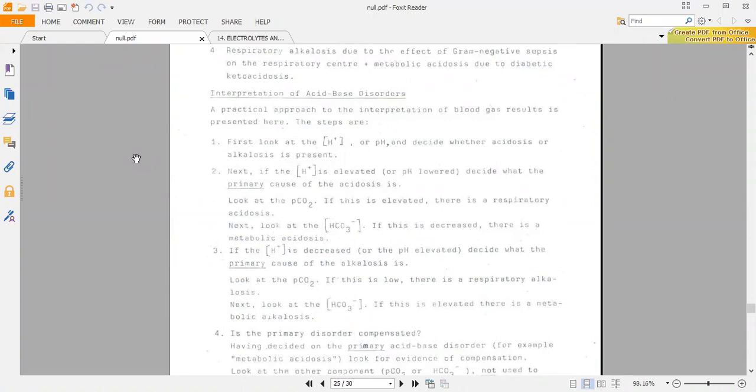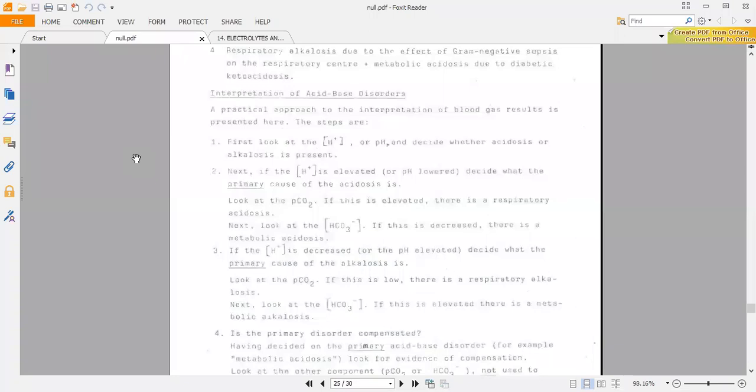Is it respiratory acidosis, metabolic acidosis? You should be able to look at it and choose the correct one. Not only that, you should be able to tell whether it's compensated or not compensated. Now, how do we go about this?